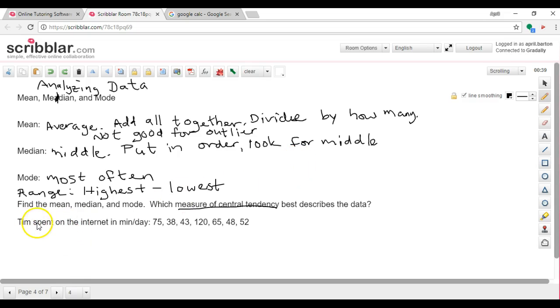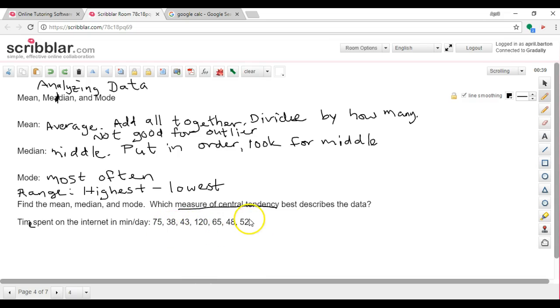The data is time spent on the internet in minutes per day. Someone asked a bunch of friends, how much time do you spend on the internet per day? Some said 75 minutes, 38 minutes. Someone collected all this data and now they want to analyze it.